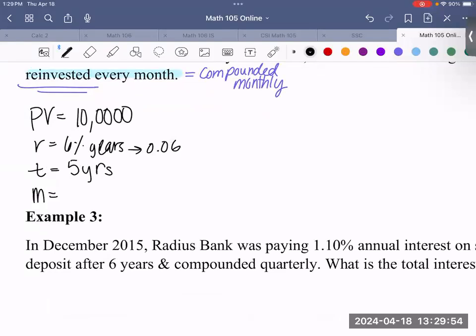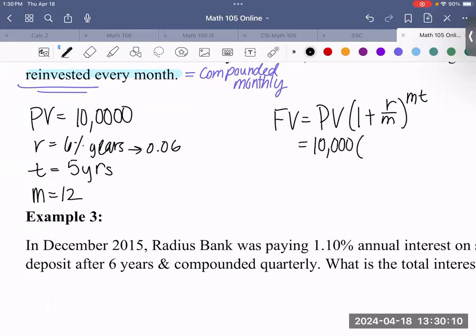And if it's compounding monthly, how many months are in a year? 12. So we're just going to pop that right into your equations. R over M, MT, $10,000, 1 plus, and we have 0.06 over 12.